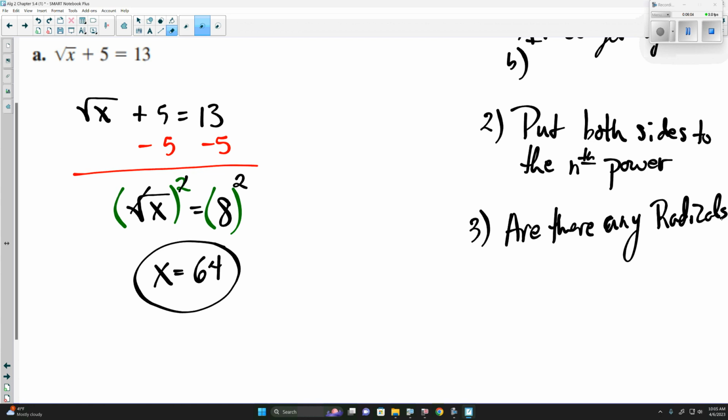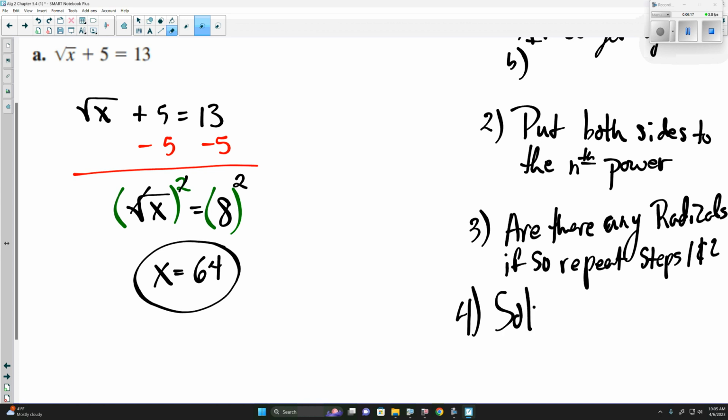And this is going to really come if so, repeat steps 1 and 2. And then we could say solve at the end. And we'll get into those, especially if there are any radicals, repeat steps 1 and 2. But that'll come more tomorrow. And really, not tomorrow, but next week. We're not going to really cover that till next week.